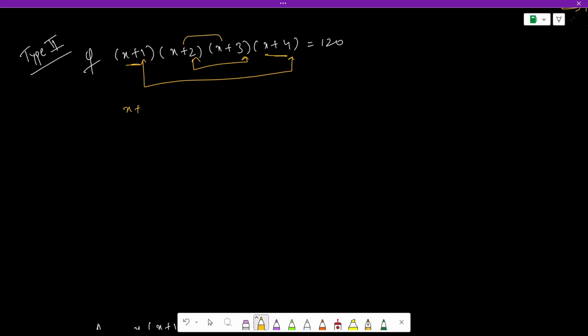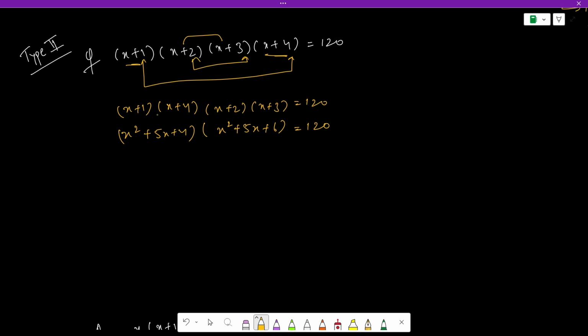So we get x plus 1 into x plus 4 into x plus 2 into x plus 3 equals 120. Now just multiply both the brackets, so we get x square plus 5x plus 4 into x square plus 5x plus 6 equals 120.